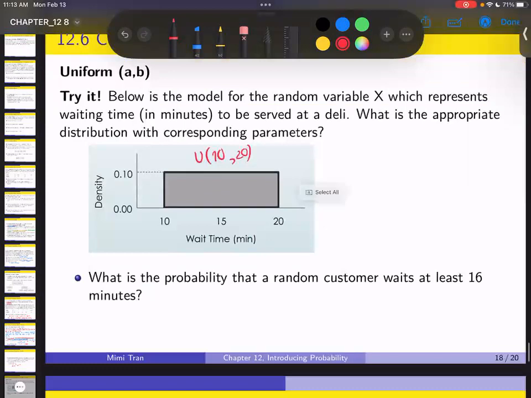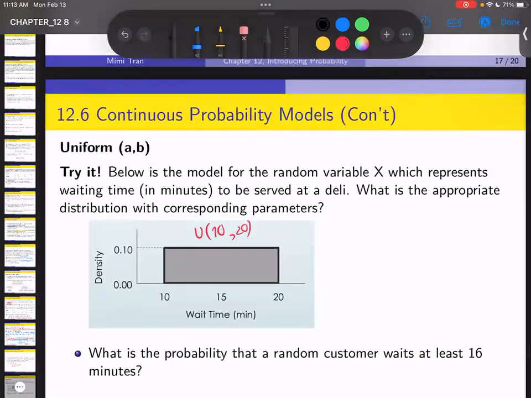Let me recall. Expected value is denoted capital E of X. The expected value of a random variable X is the unbiased estimator, so it's equal to the population mean. In this case, it's equal to the average of a and b.